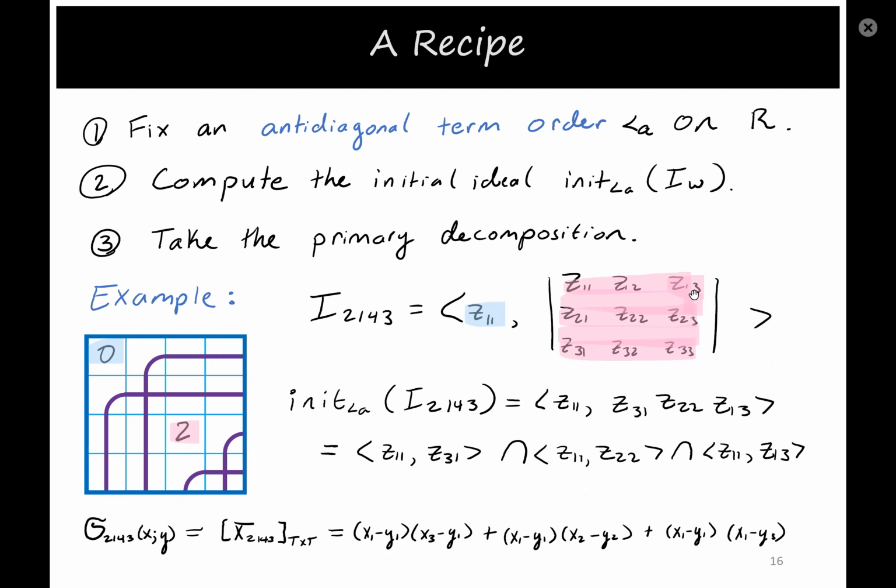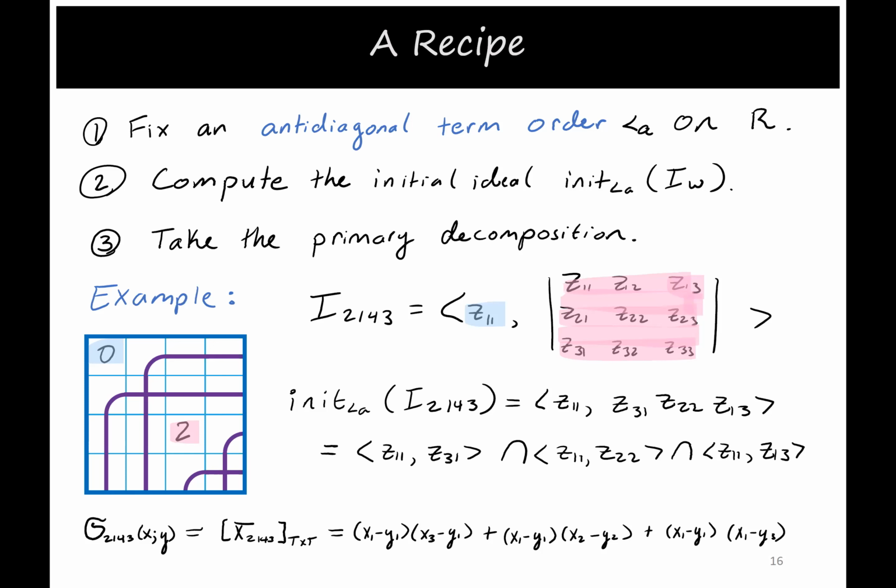If you want to take this axiomatic approach to understanding the torus equivariant class, there's a recipe. You fix whatever your favorite term order is. Knutson and Miller happened to like anti-diagonal term orders. So you fix a term order, you compute the initial ideal with respect to that term order, and then take a primary decomposition. This makes it relatively easy to compute these torus equivariant classes.